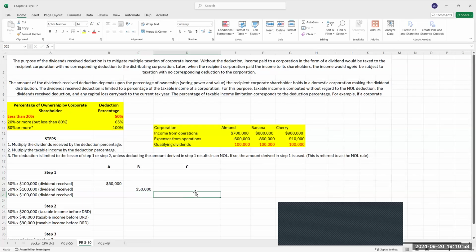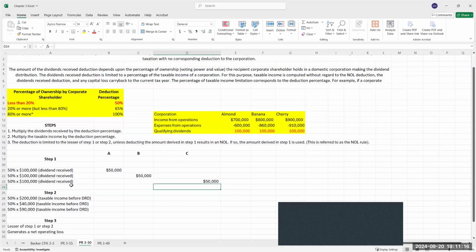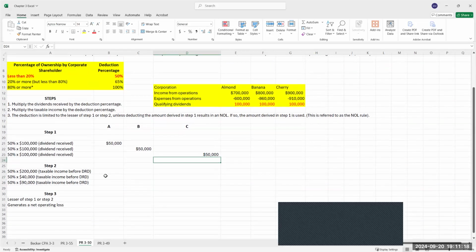For Cherry Corporation, $100,000 of dividends multiplied by 50%. So we just completed step 1. We multiplied the dividends received by the deduction percentage, which is 50%, because each corporation, Almond, Banana, and Cherry, owned less than 20%. So now for step 2, we need to factor in the taxable income before the dividends received deduction.